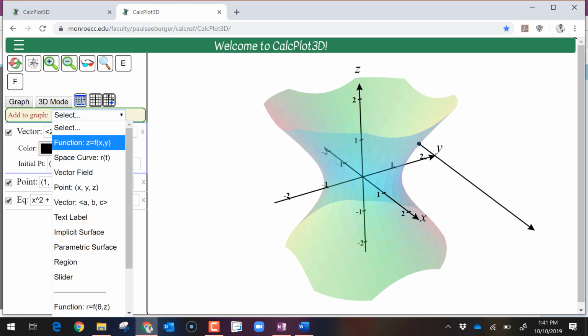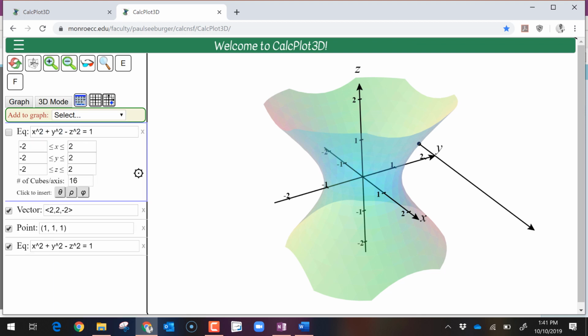Since I didn't solve for z, this is going to have to be described as an implicit surface. And I think I said 2 times x minus 1 plus 2 times y minus 1 minus 2 times z minus 1 equal to 0.